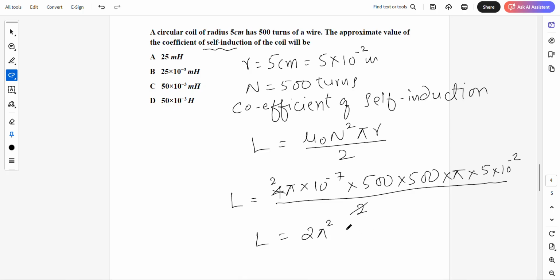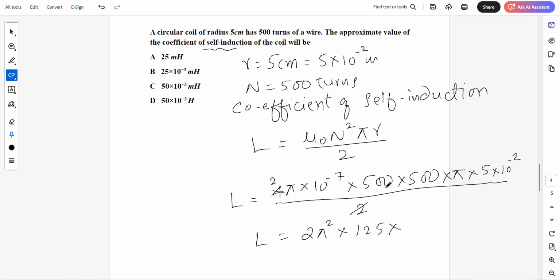Into 500, that is 5 into 5, 25, 25 into 5 is 125.